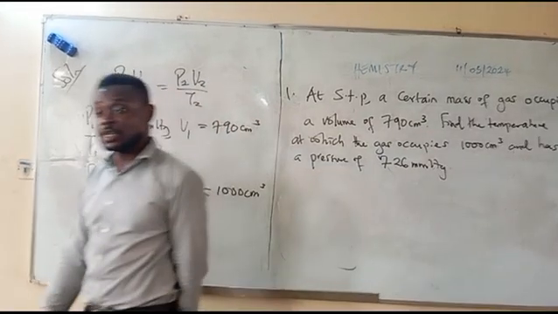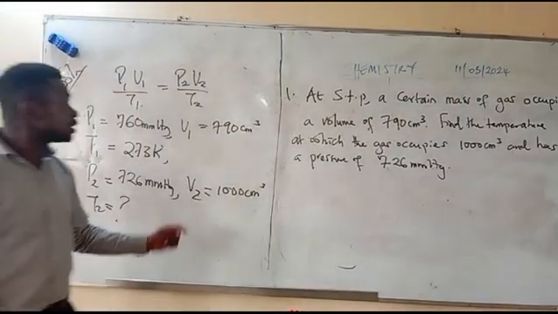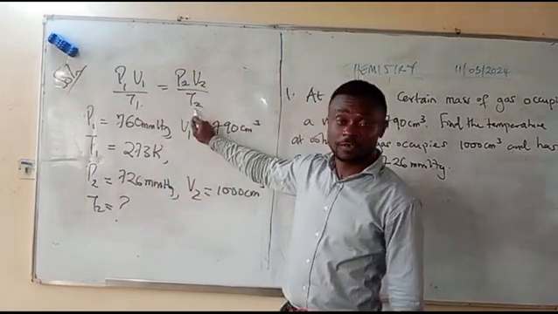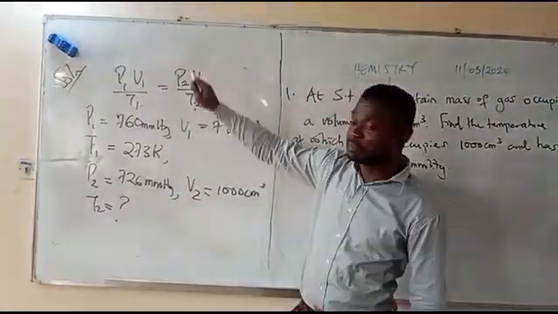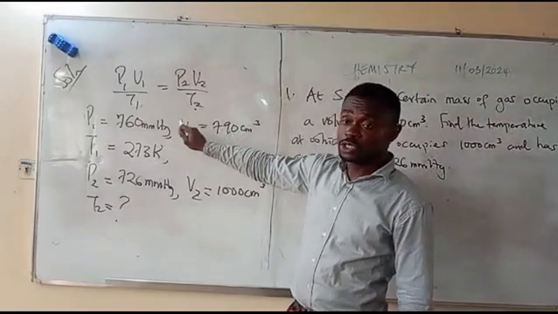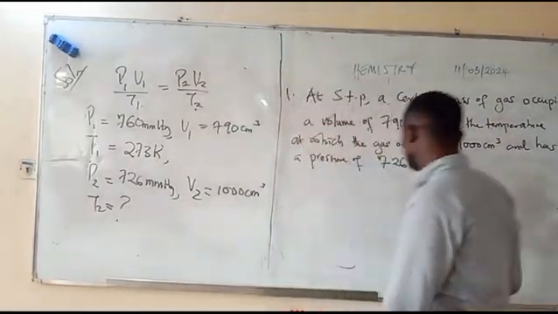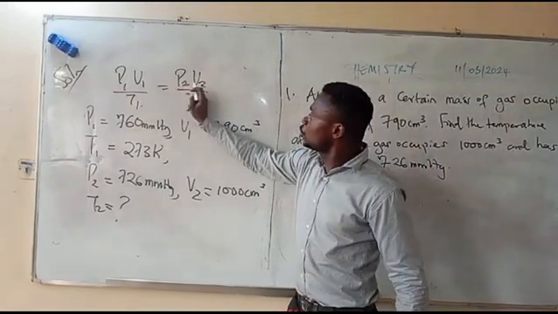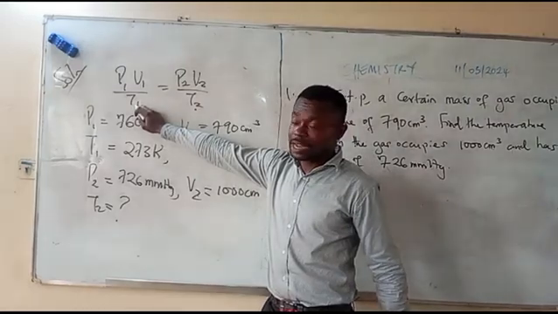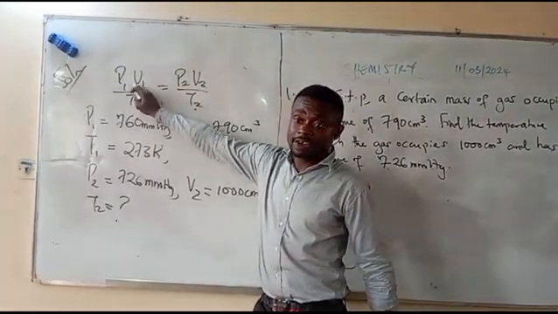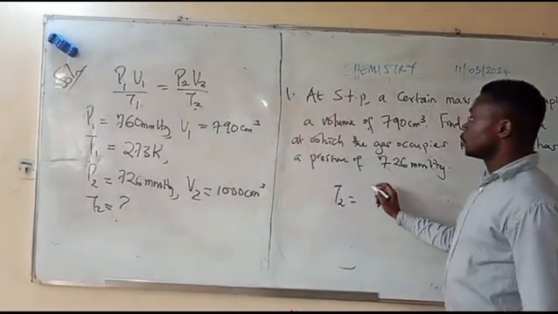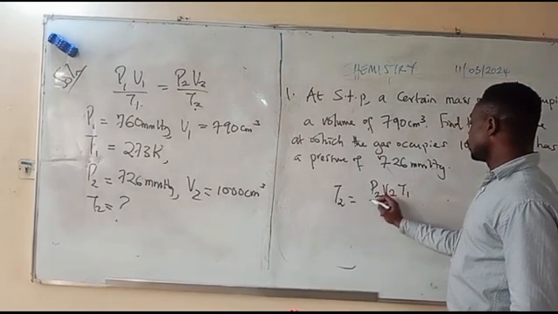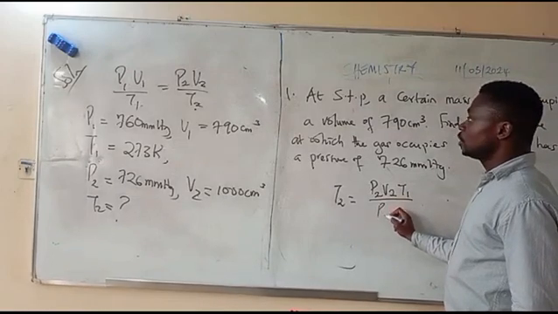So from this general gas equation, we make T2 the subject of the formula. If we cross multiply and make T2 the subject of the formula, T2 becomes P2 V2 times T1 over P1 V1.